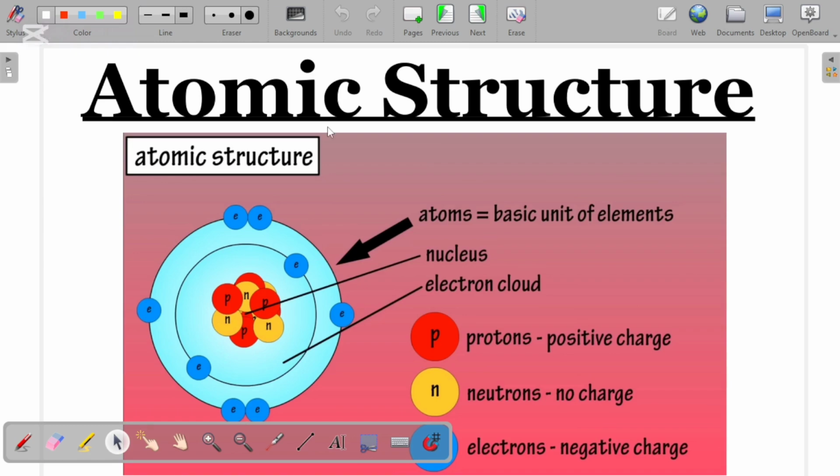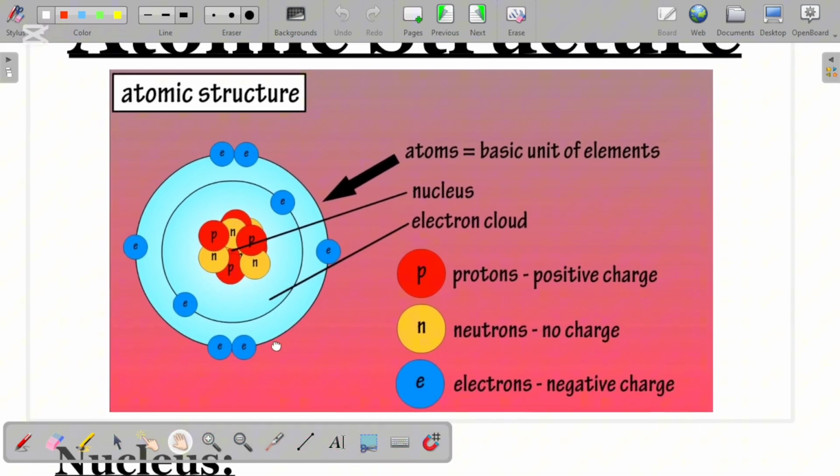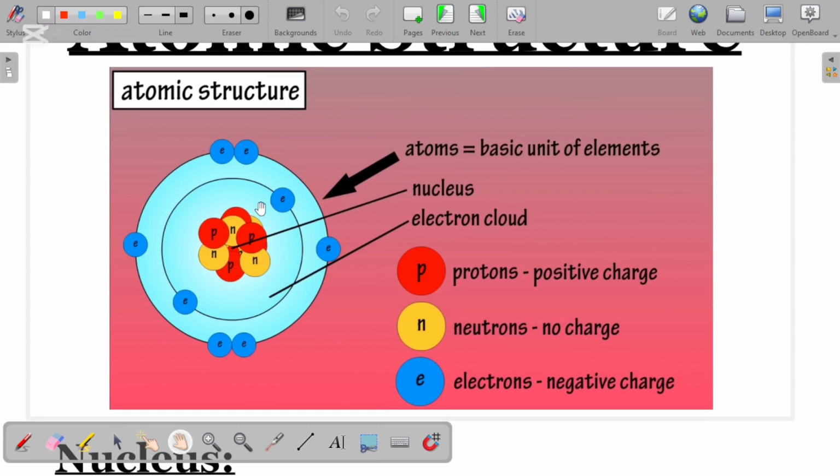All right, let's consider atomic structure. What is an atomic structure? If you look at the diagram here, you would see what an atom is made up of. An atom is made up of nucleus and electrons.